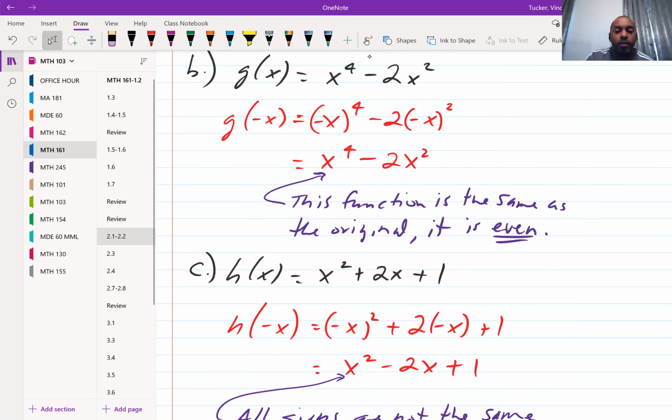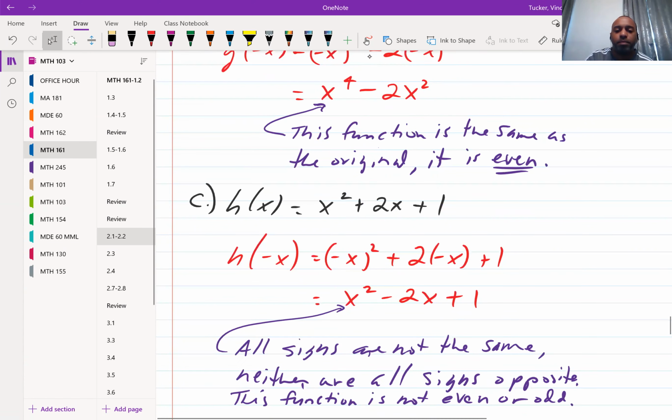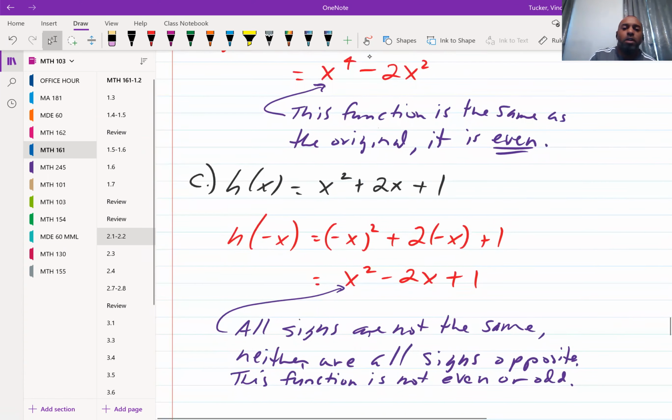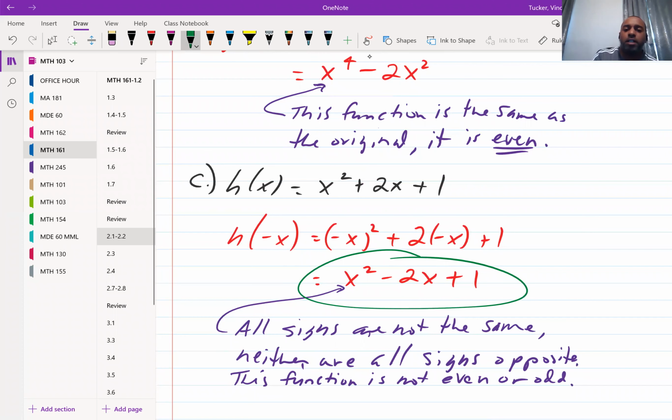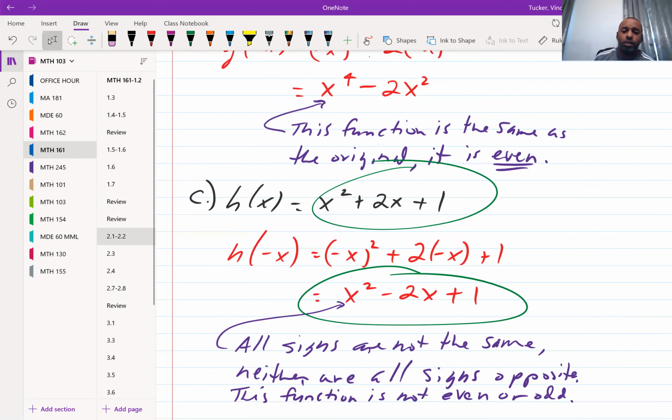Negative x is just negative x. So if you apply that to 2, that'll be negative 2x. And nothing changes with a positive 1. So we simplified as much as possible and compared to what you had originally. Notice all signs are not the same. Neither are all signs opposite. So this function is neither even nor odd.